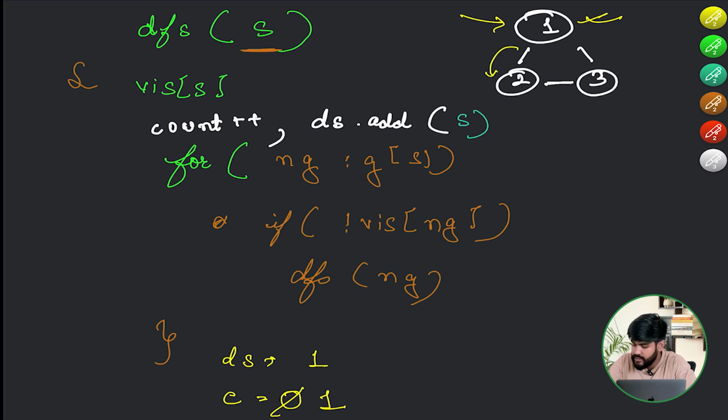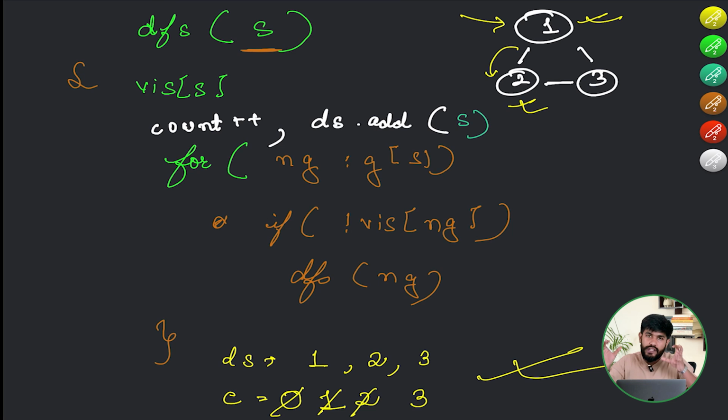So I went up to this and called the DFS function for 2. This got added into this data structure and the count was incremented, and then this 2 told me that I have also a neighbor which is unvisited, that is 3, because 1 is already visited. So now I would call the DFS for 3. So 3 would get inside the data structure, the count would increase, and this is how I get the list of all the nodes and the count inside this component.